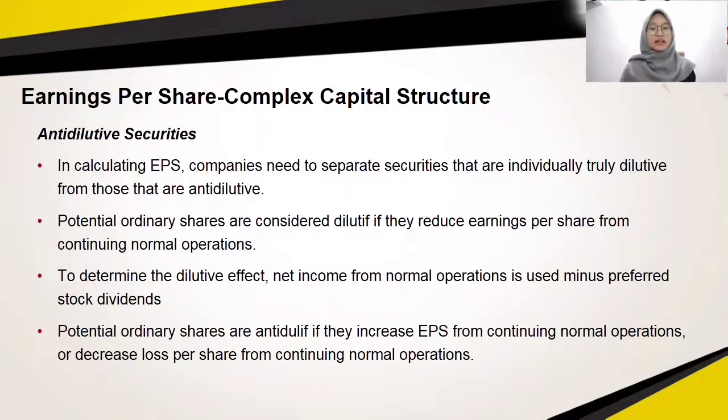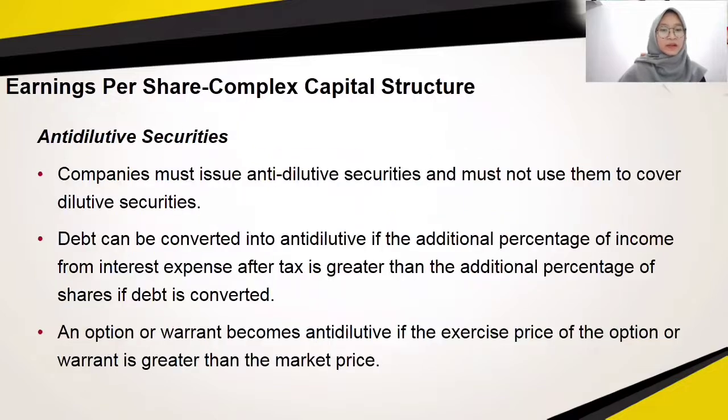And next, to determine the dilutive effects, net income from continuing operations is used, minus preferred stock dividends or discontinued operations. And potential ordinary shares are anti-dilutive if they increase earnings per share from continuing normal operations or decrease loss per share from continuing normal operations. And companies must ignore anti-dilutive securities and must not use them to offset dilutive securities.